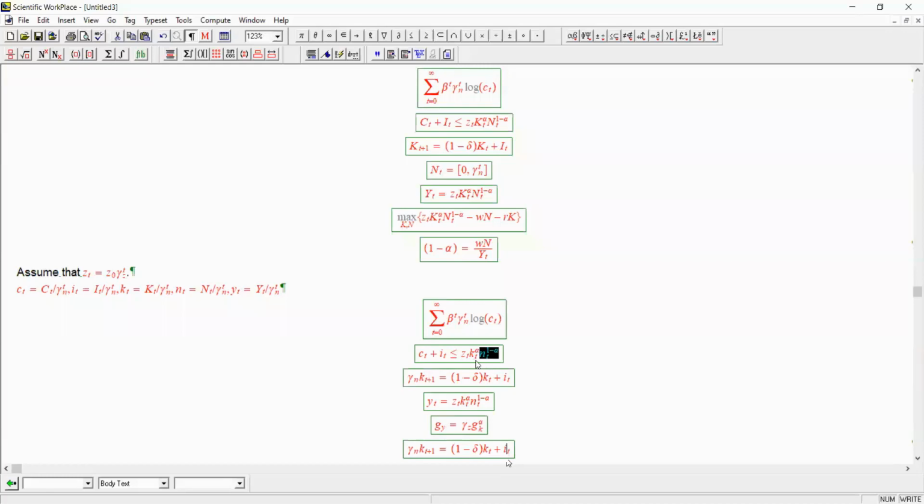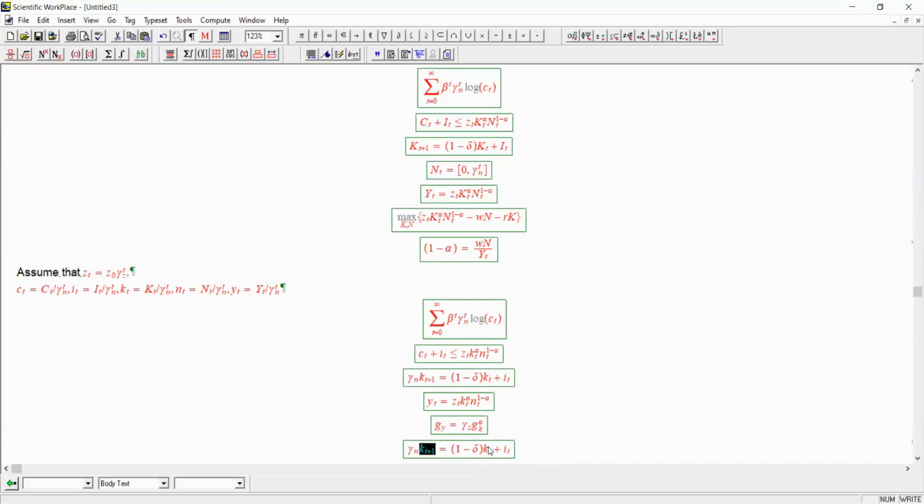And slower would not make sense either for the same reason. So that means that the growth rate of consumption and investment has to equal this, the same rate as the growth rate of output. So that means that this is some number times this to the power of t.